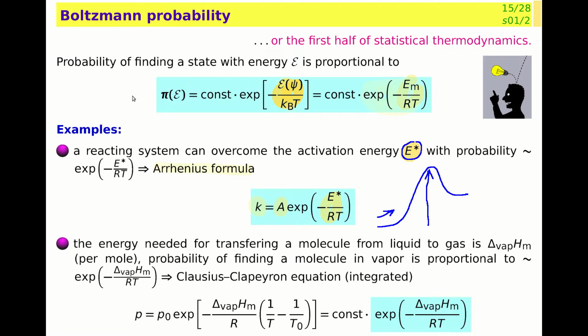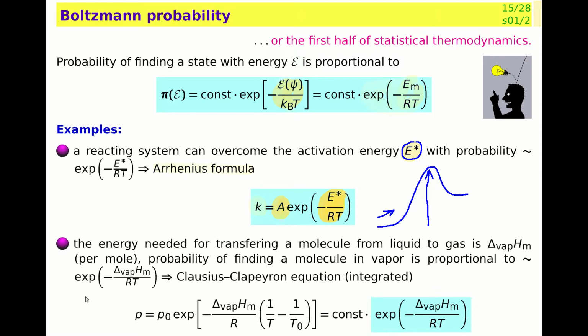Okay, there are perhaps tiny deviations from this because it reacts also if the energy of the molecule is higher than this, but these are details. If you calculate this correctly, you'll get here a small temperature dependence, but usually this is the leading term.